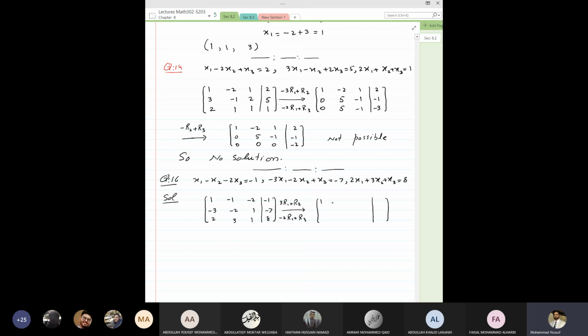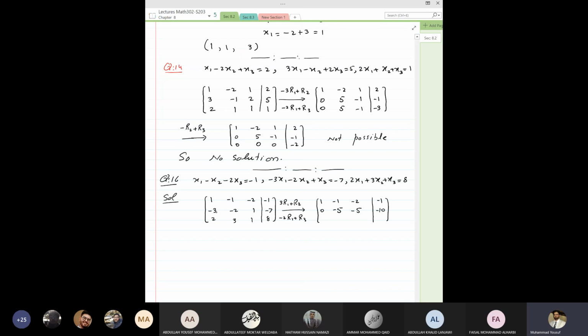We keep this row 1, -1, -2, -1. 3 minus 3 is 0. -3 minus 2 is -5. -6 plus 1 is -5. -3 minus 7, sorry, is -10.